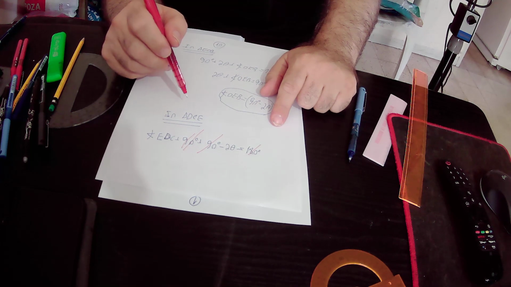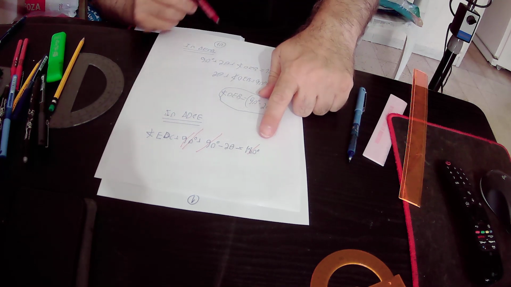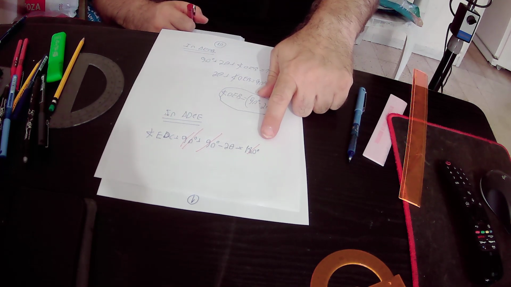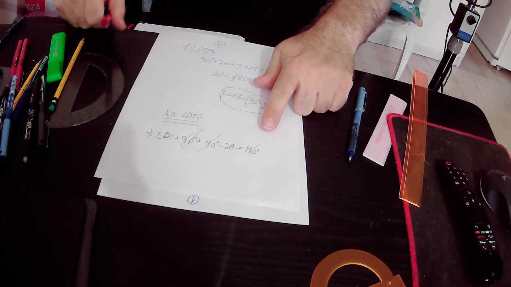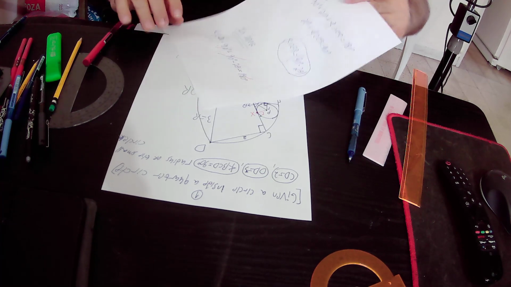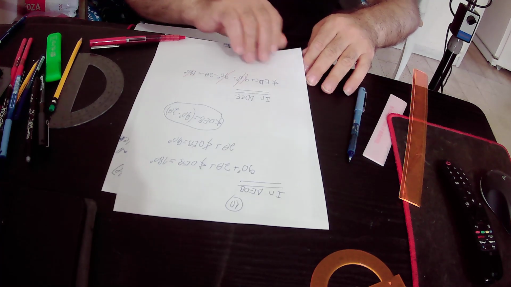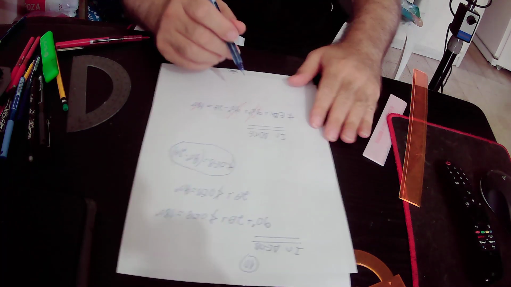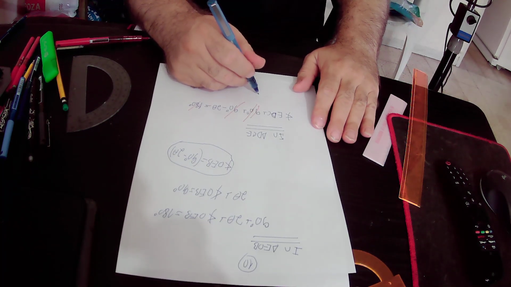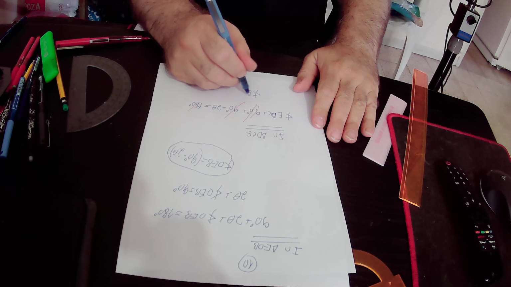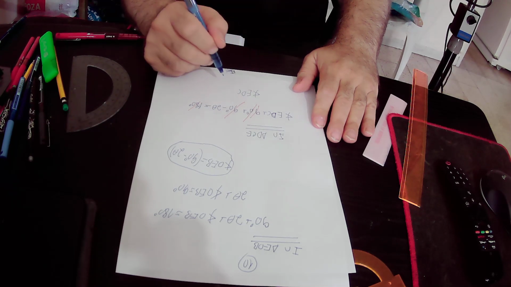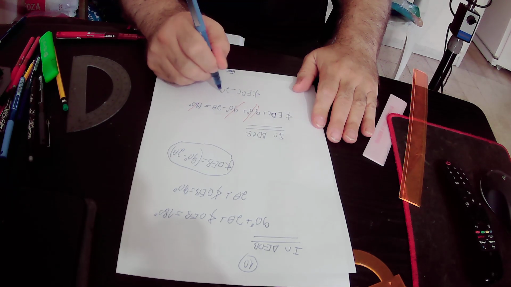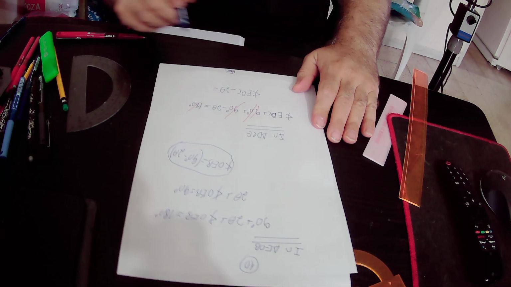Okay, so here what is left is only 0, and what is left here is angle EDC minus 2 theta equals 0.